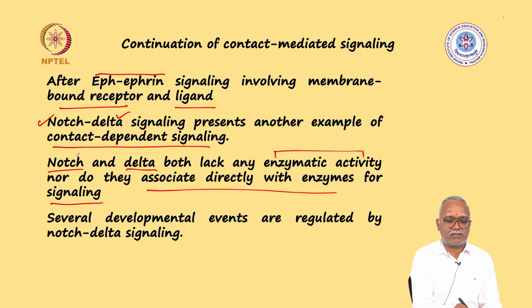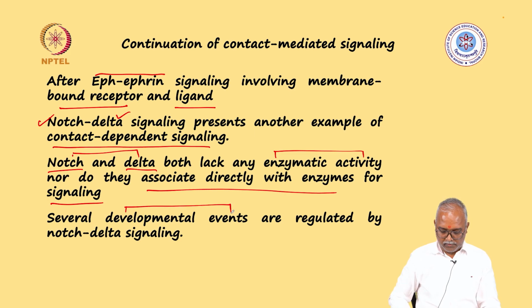Here in Notch-Delta signaling, neither the receptor nor the ligand associates with anything which has enzymatic activity. We will see how this works, but it is very important for many developmental events which happen in the organism.